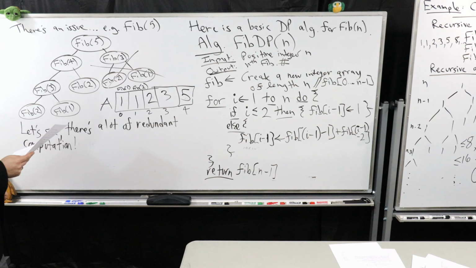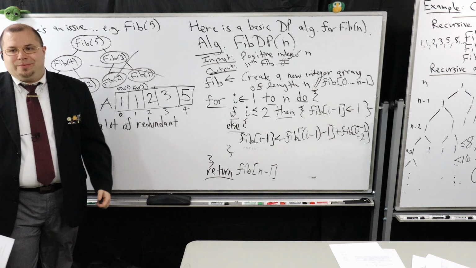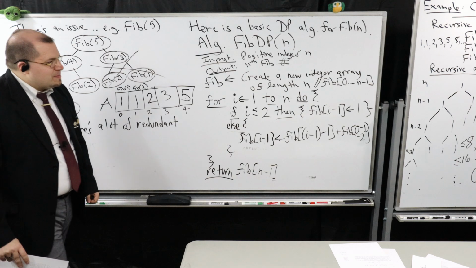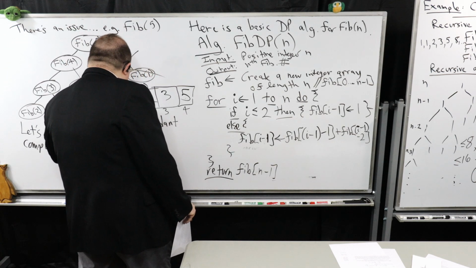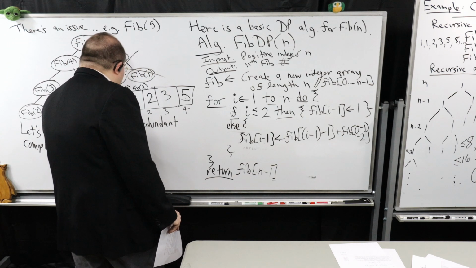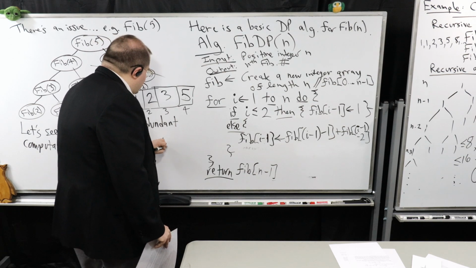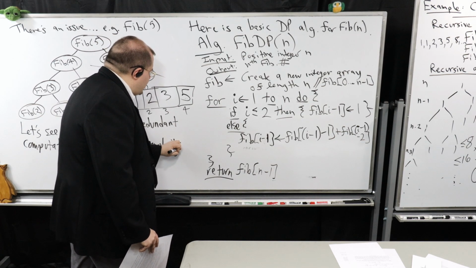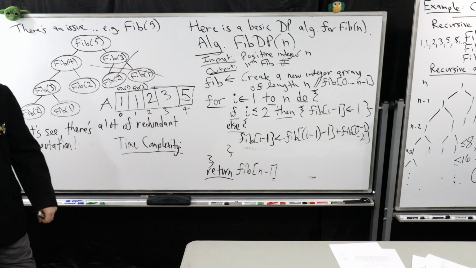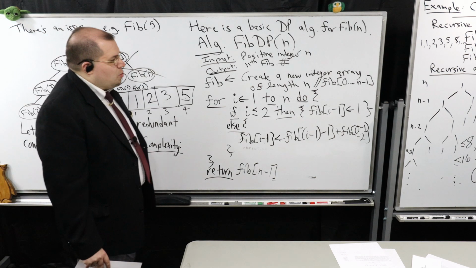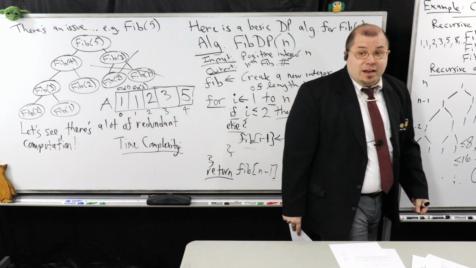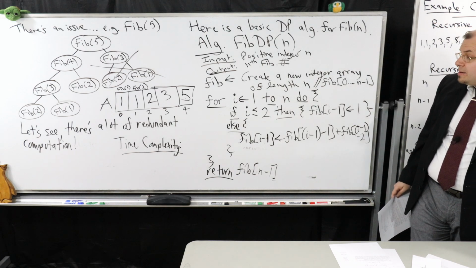So I have a question for you. What is the time complexity of this algorithm instead? Before I had 2 to the power of n, or if I want to be a bit more precise, big theta of the golden ratio to the power of n.